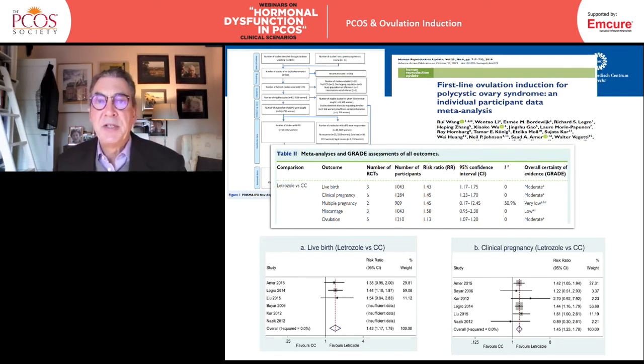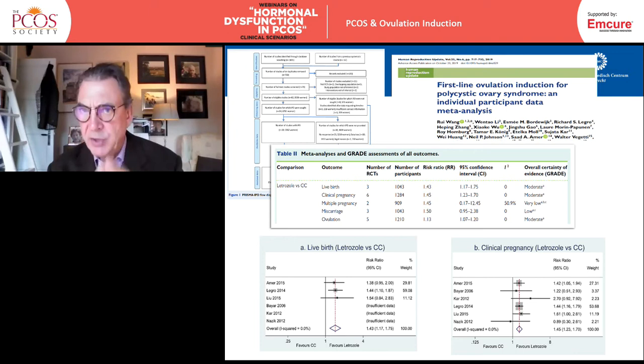To back up this statement, this is a very, very recent paper published in Human Reproduction Update in December last year, so it's just a month old, where they did an IPD, an individual participant data meta-analysis. I'm not sure whether all of you know what this actually means. You know meta-analysis, that's where you bring the conclusions from different studies together.